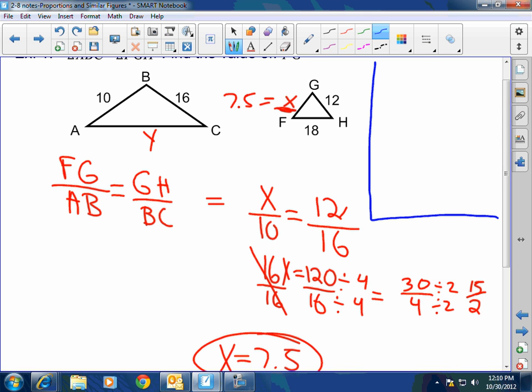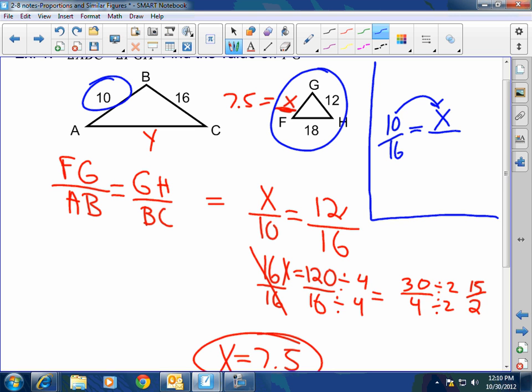Okay, AB to BC, they go 10 to 16 equals... Which side over here corresponds to that 10? X. So corresponding side to corresponding side. Which side over here corresponds to this 16? 12. Again, you cross multiply and you're still going to have that x equals 7.5 inches or whatever it is. Does that make sense, gentlemen?